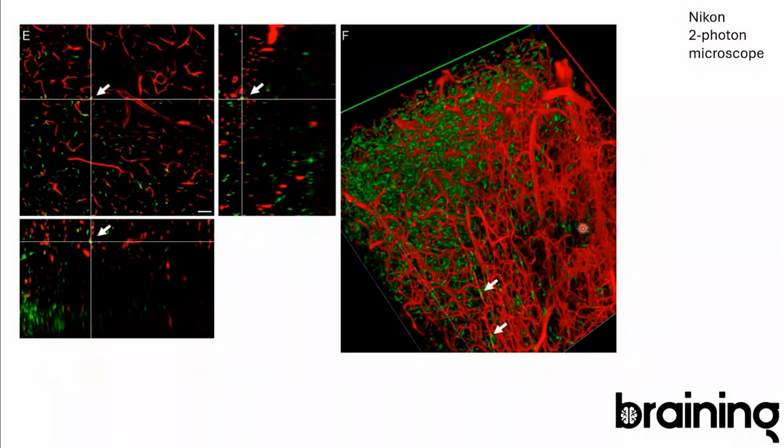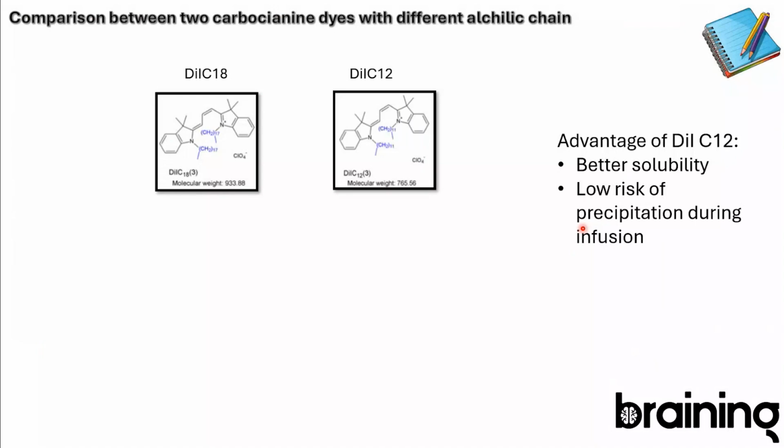You might wonder why I mentioned the fact that there are different dyes. In this case, the first analyses were run with dye C18, which is more lipophilic. Even if you put it in solution and are very fast in injecting the dye in the animal, sometimes it precipitates, so you might end up having issues with the proper staining of the tissues.